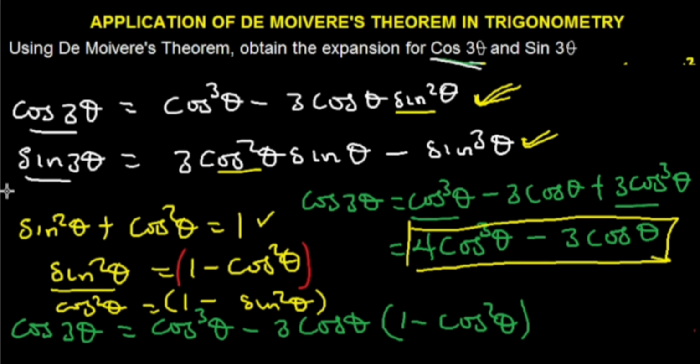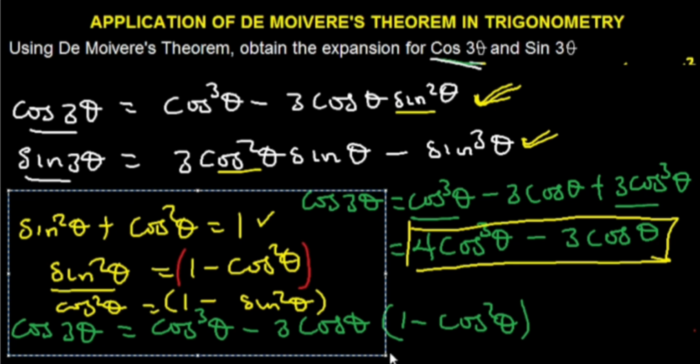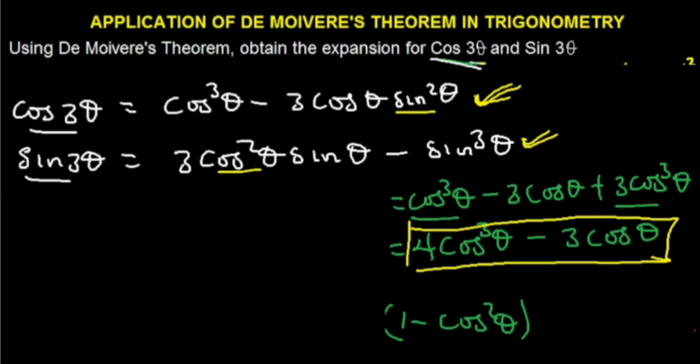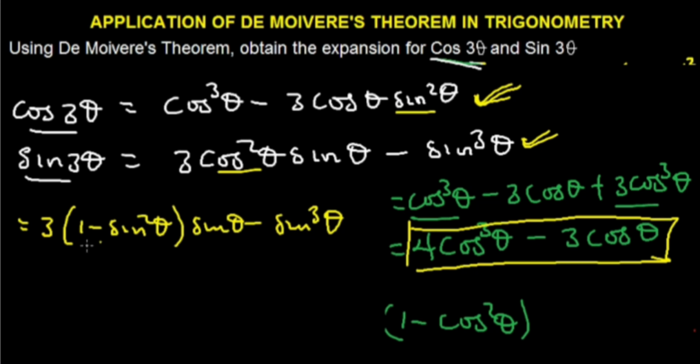To have sine 3 theta, my answer will be 3 into 1 minus sine square theta, then sine theta, minus sine cube theta.